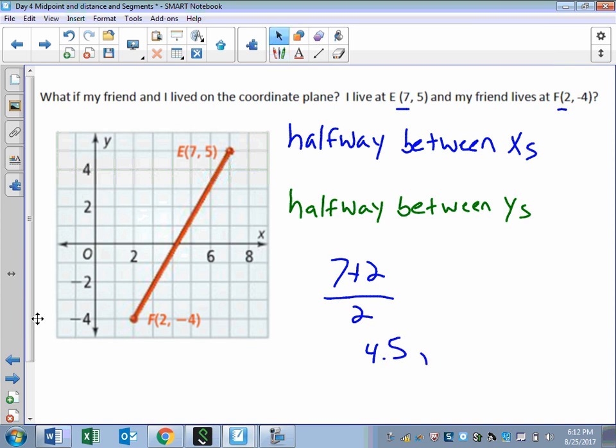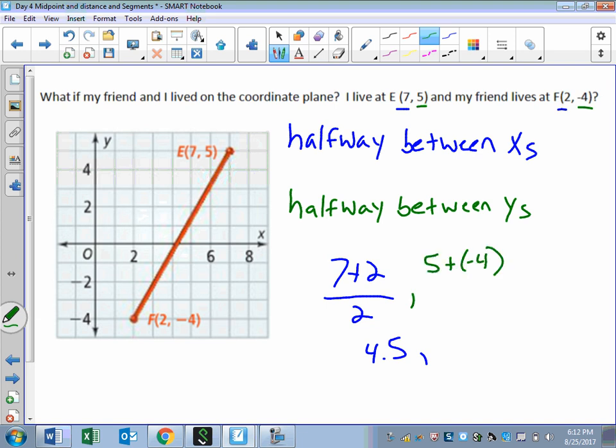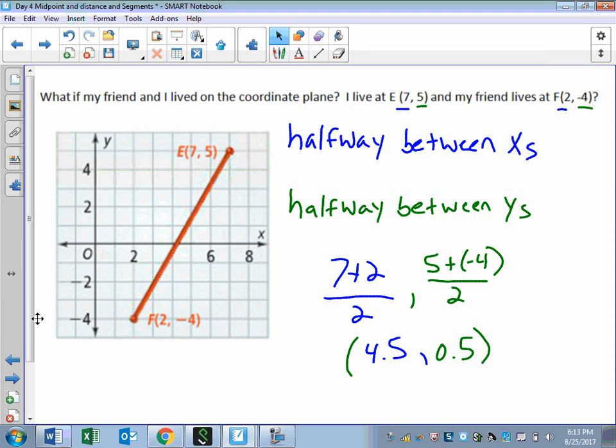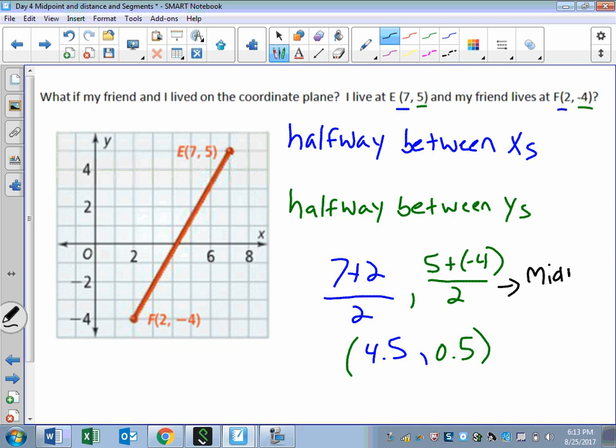And then if we want to do the y's, we have 5 and -4. 5 plus -4, or 5 minus 4, divided by 2, which would be just 0.5. So that would be the midpoint between 7, 5, and 2, -4. And this right here, what I just showed you, this is the midpoint method. This is the midpoint formula.